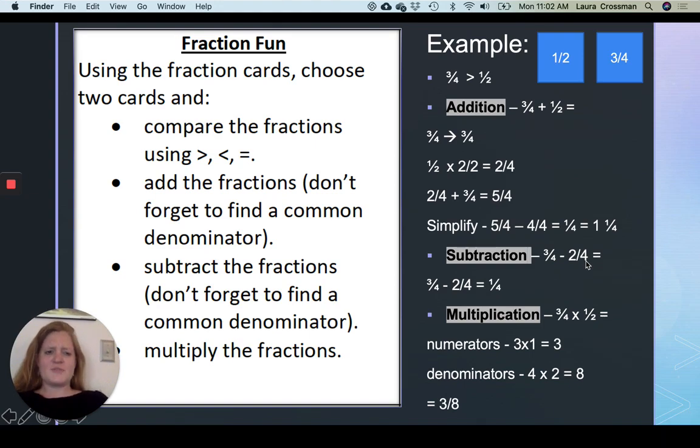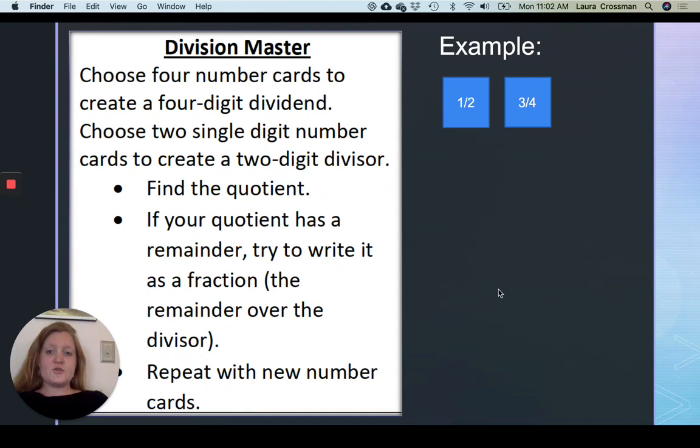So I just kept my 2/4 that I found in my first equation. So 3/4 minus 2/4. In this one, we can just subtract right across our numerators. So 3 minus 2 is 1, and then our denominator remains the same. So we end up with 1/4.